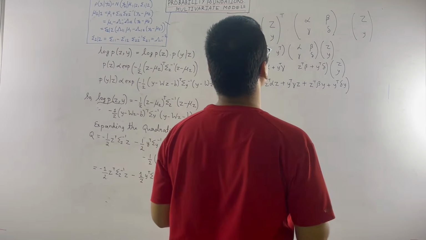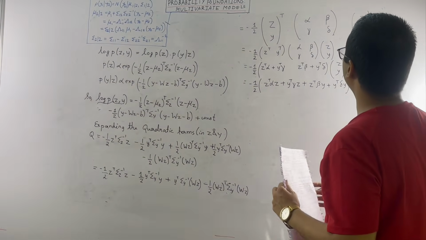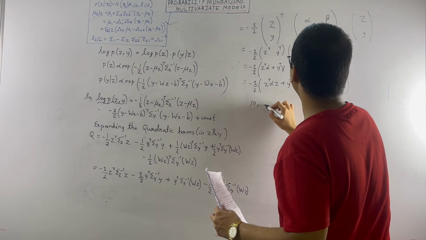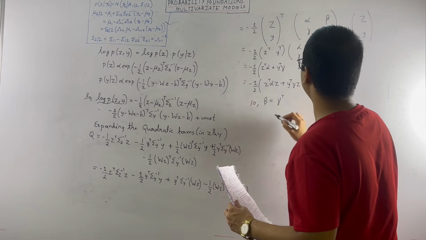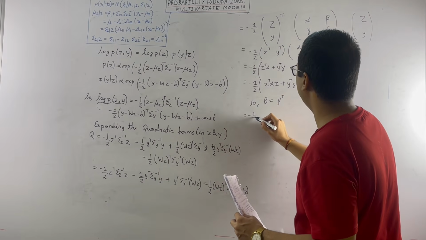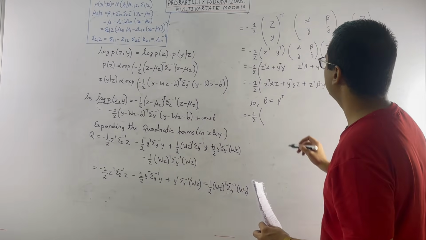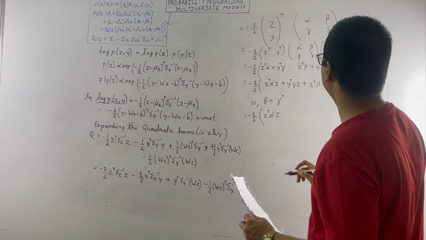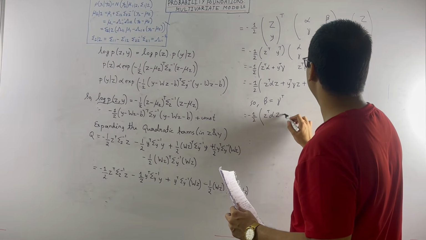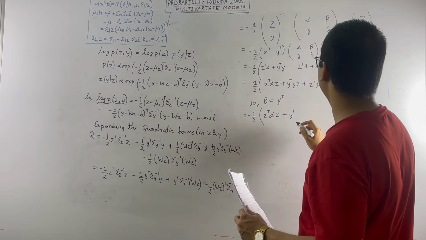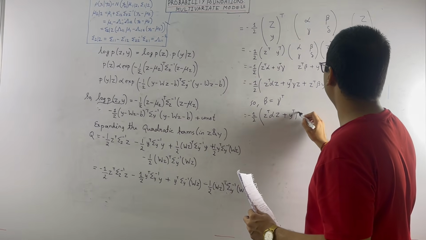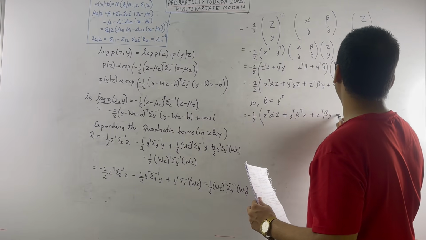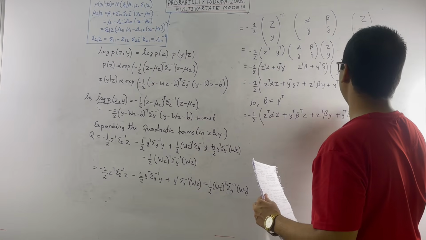Another point is that we have written this so far, and of course since this is symmetric, beta also has to be equal to gamma transpose, right? So what we get is minus half, all right, z transpose alpha z, plus y transpose beta transpose z plus z transpose beta y plus y transpose delta y.